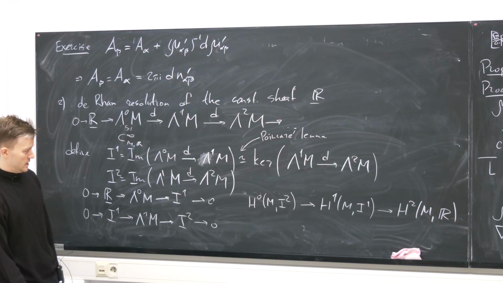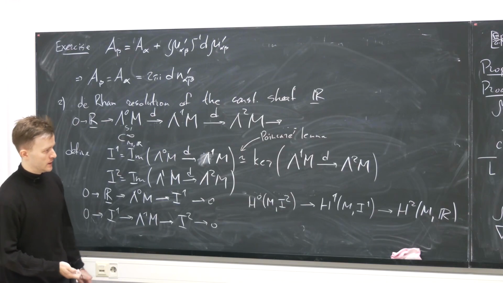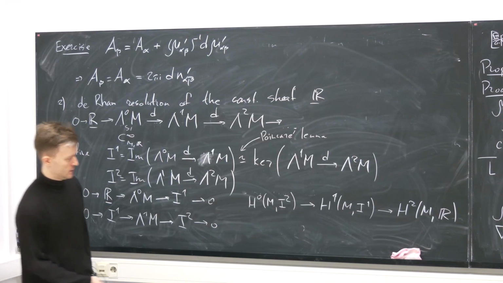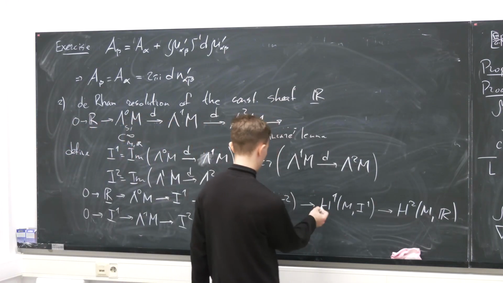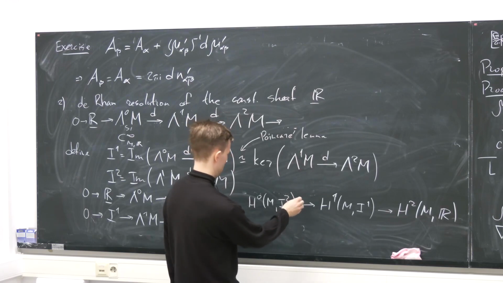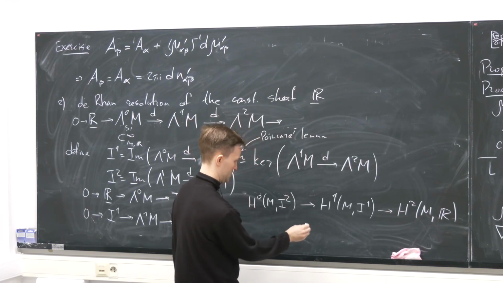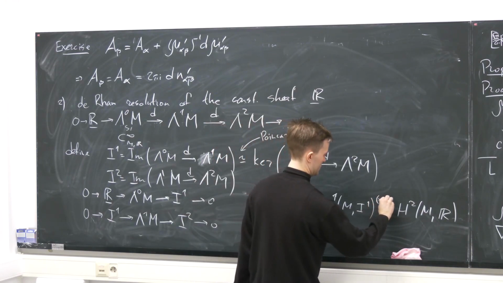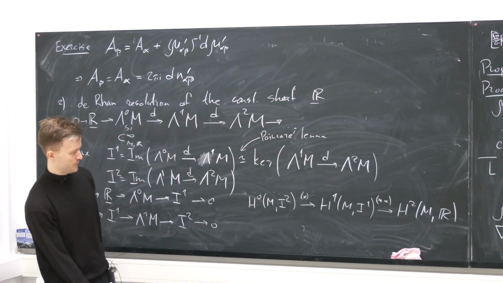Okay, so now let's apply this procedure to our curvature tensor. So how to apply this to the curvature tensor? Well, the curvature tensor twisted by this imaginary unit over 2 pi. So let's call these two maps star and double star.